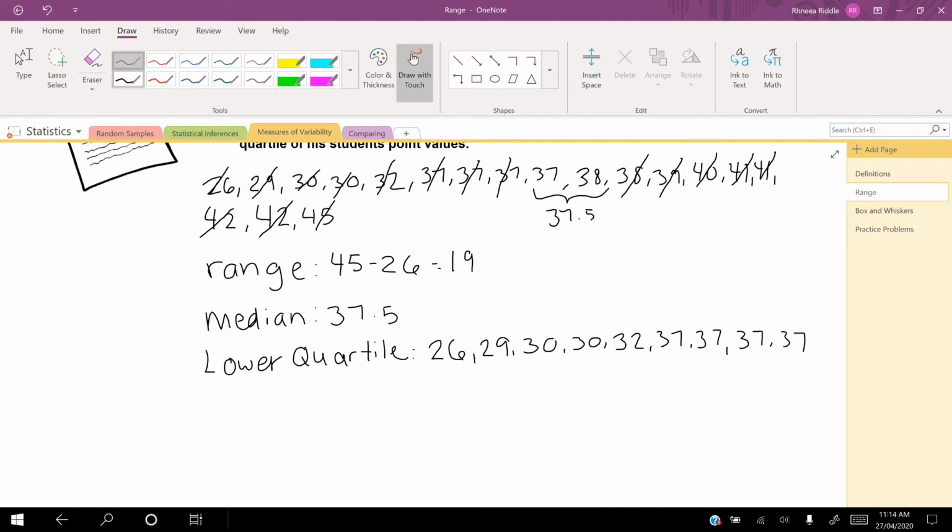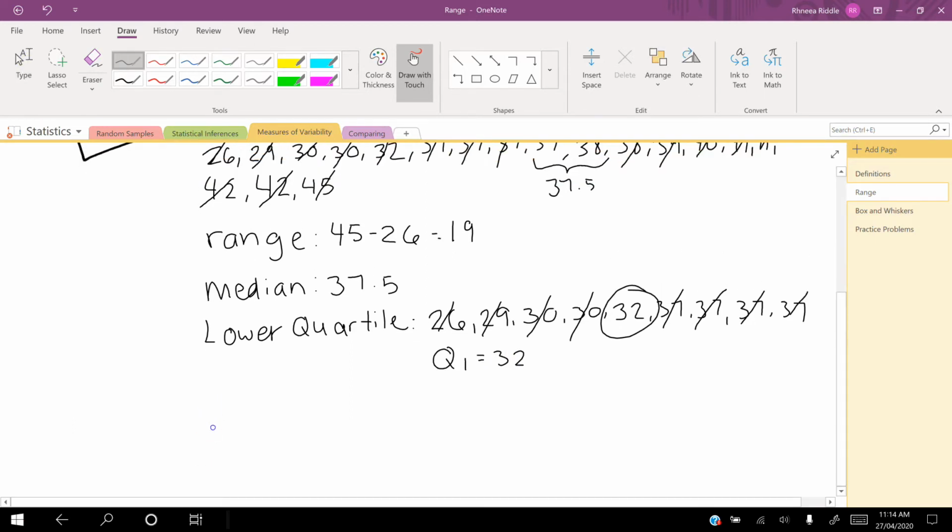And we're going to do just like we did with the median, but using this data set. So we're going to do 26, 37, 29, 37, 30, 37, 30, 37 to find that our quartile is 32. So our lower quartile, our Q1, is going to give us 32.